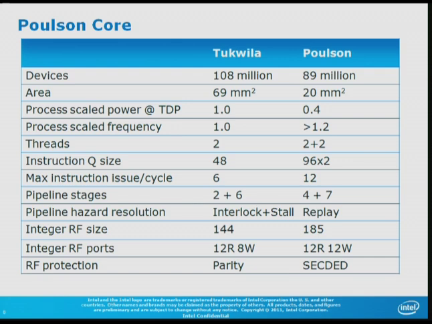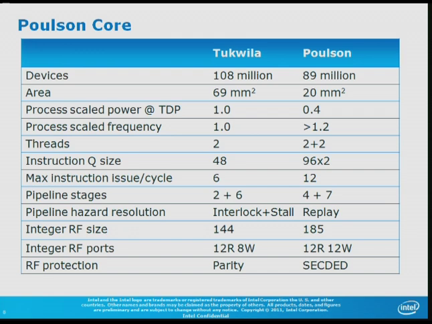We've addressed multi-threading on Poulson, so we have more facilities for multi-threading on Poulson. We've widened our instruction pipeline. We've made a substantial change to our execution pipeline, going from a global stall-based pipeline to a replay-based pipeline to resolve pipeline hazards.